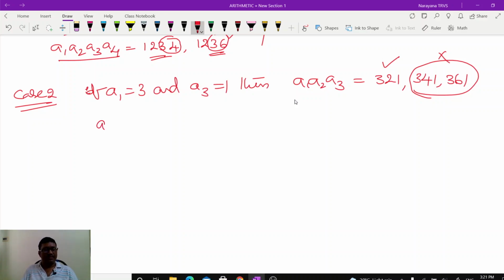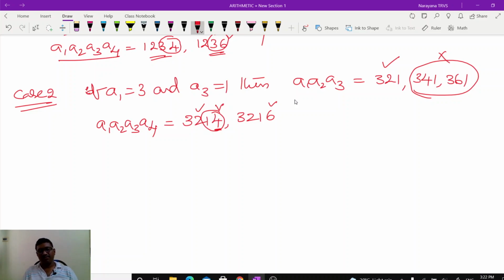Now let us see a1, a2, a3, a4, a 4-digit number. The 4-digit number may be 3214 or 3216. Clearly 2 is used here, so that's why we have two possibilities for the fourth digit, either 4 or 6. But look at the last two digits here, 14. 14 is not exactly divisible by 4.